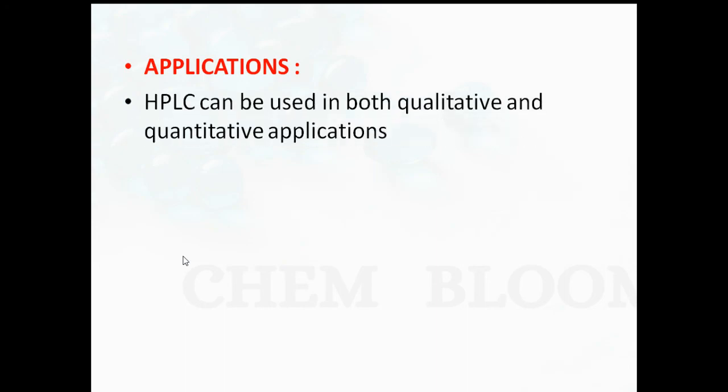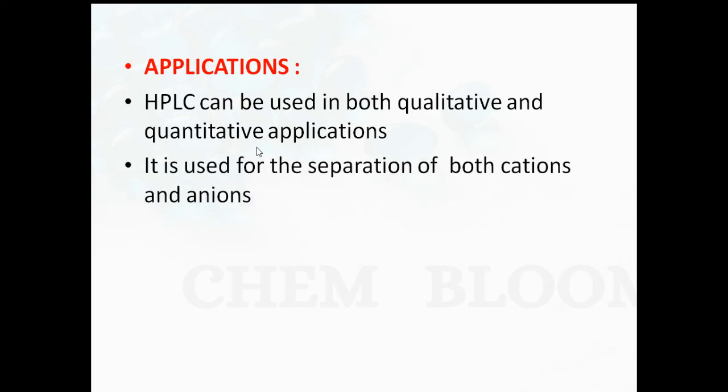After this, what we can see is the applications. We have a number of applications of HPLC. One is that it is used in both qualitative and quantitative applications. Qualitative means we can find the nature of the compound, and quantitative means we can find the amount or concentration of the components present in the mixture.